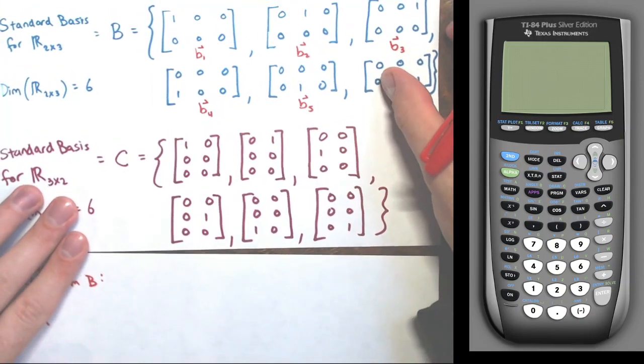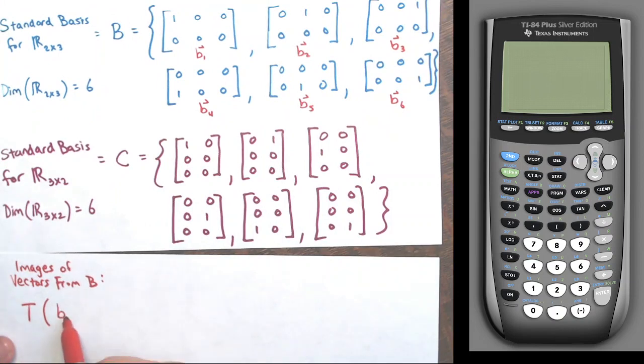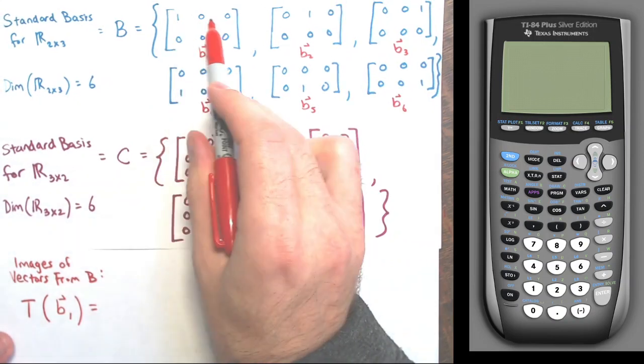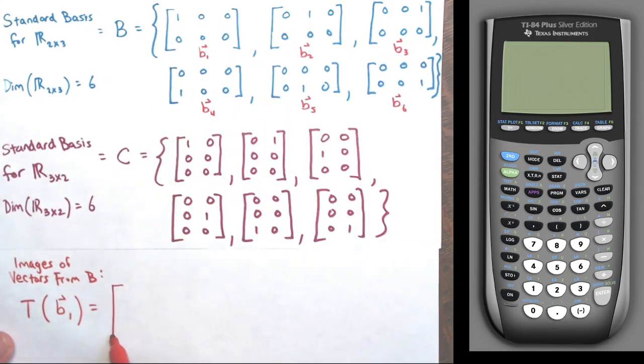So what's the value of T at vector B1? Well, that would be the transpose of this matrix here, which is going to be this 3x2. The first row is now the first column: 1, 0, 0. And the second row is the second column. So it's this 3x2. Now, as I said, this doesn't give me a column of the standard matrix. What will give me a column of the standard matrix is translating this into its coordinates.